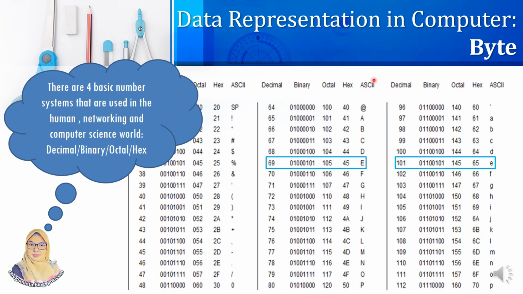ASCII is the standard used around the world that we will go into in detail in our next subtopic, 1.3.